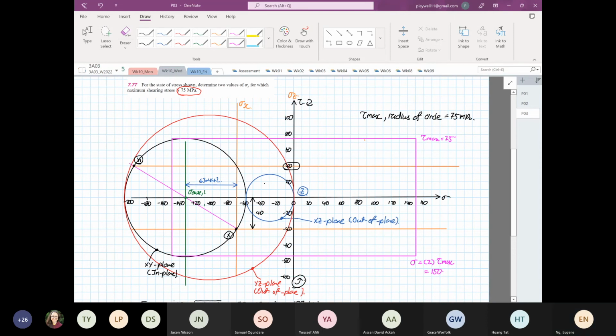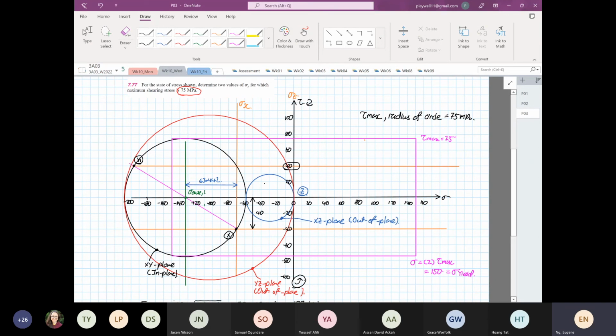Okay, right? So what we have just done is we have incorporated the allowable maximum stress, for example, our yield stress. So this over here is also equal to our yield stress. Right?